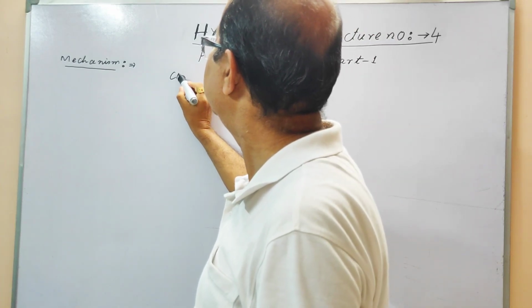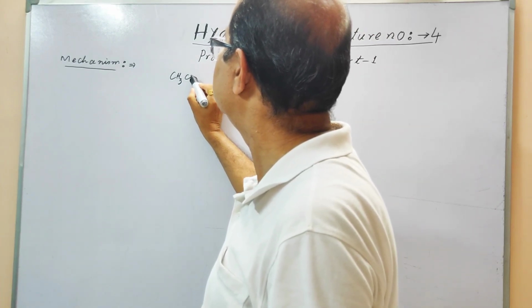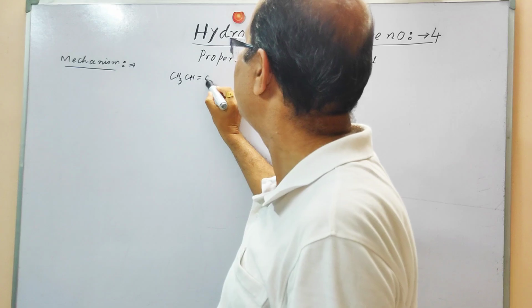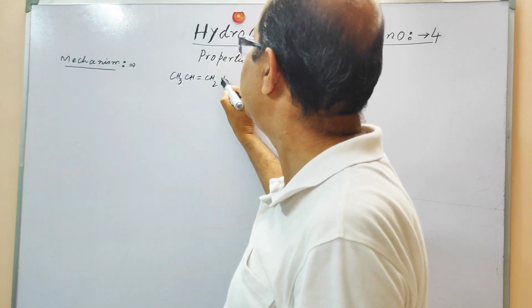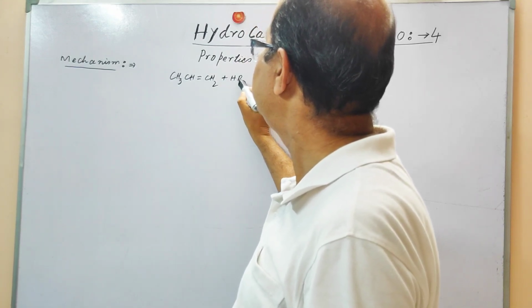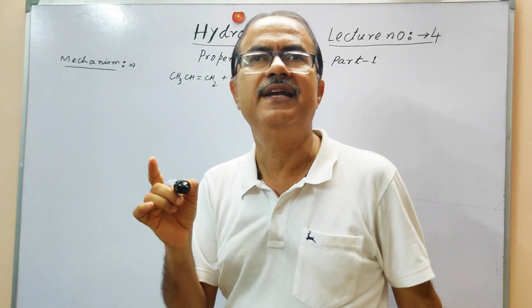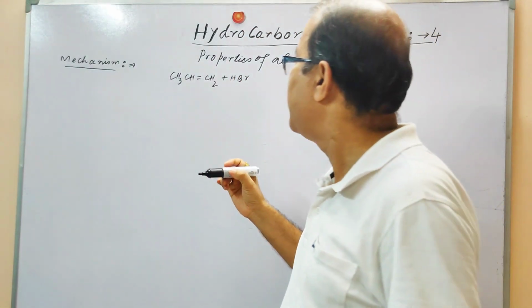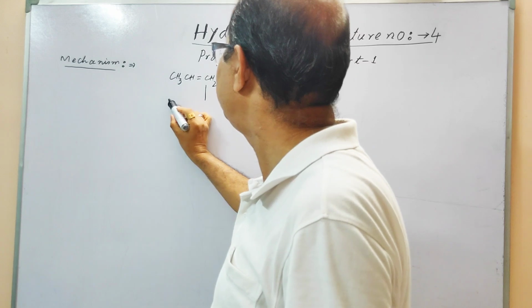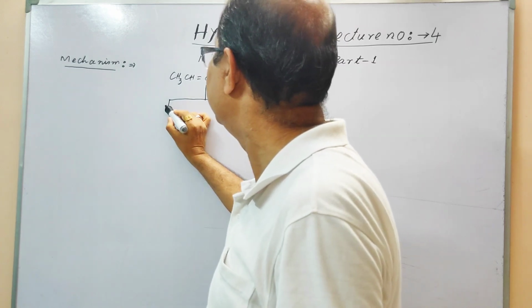When there is an addition of propene plus HBr, HBr will produce one electrophile, that is H plus, and this is going to produce two carbocations.